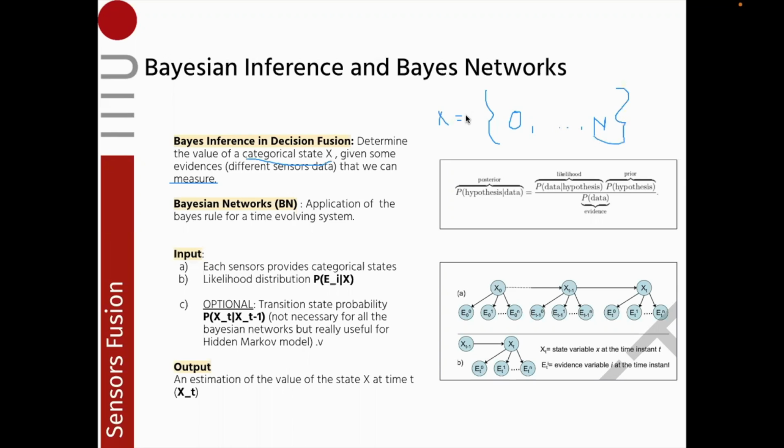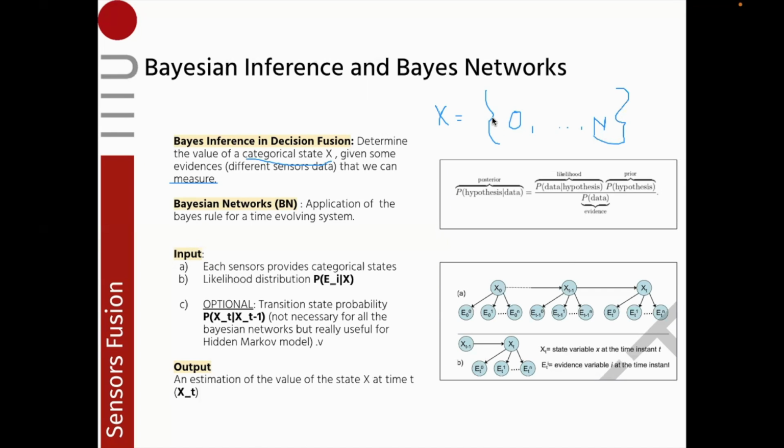So these are the values that our state can have. This is important because this is the main difference between this kind of Bayesian inference and the one we saw before, the state estimation, where the state was a real number.